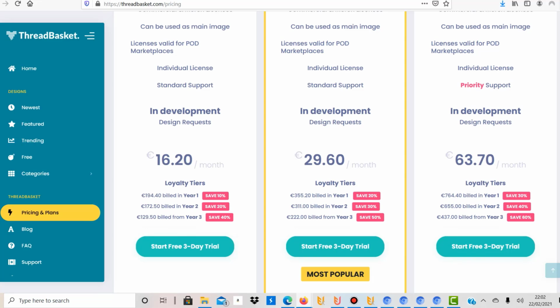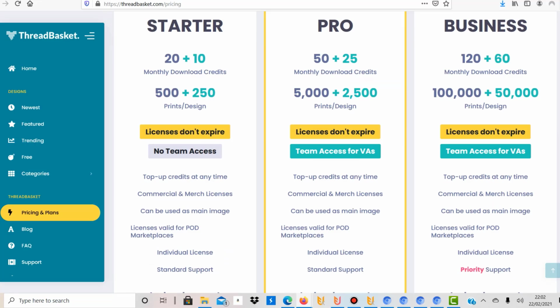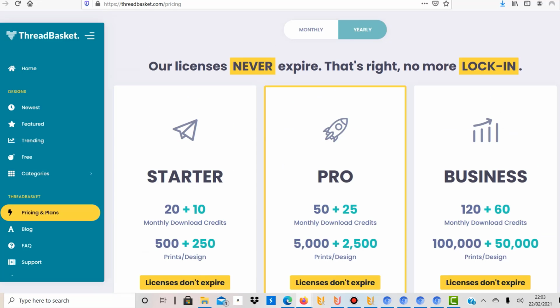I think it's really good that you have a license for life, and maybe therefore they limit the number of monthly download credits. But personally, I've registered.